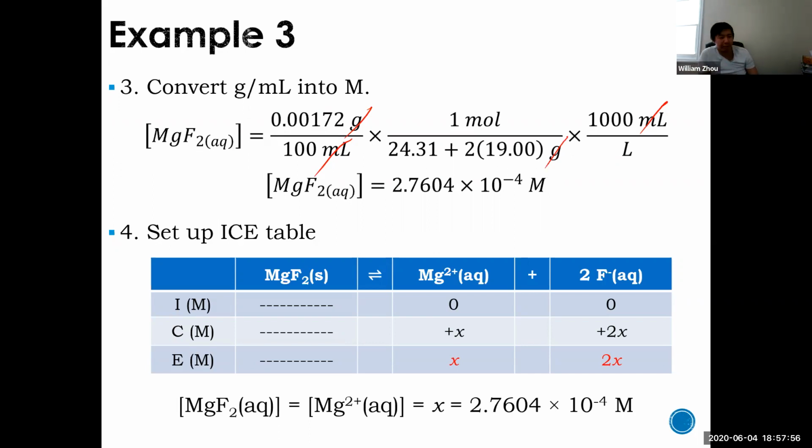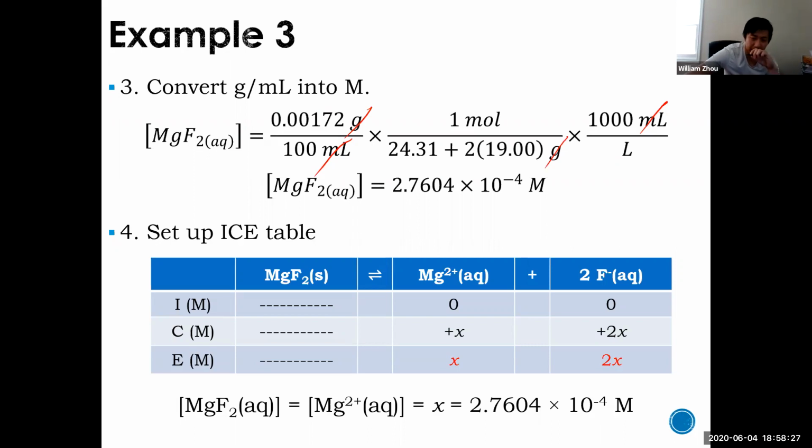Because MgF2 has the same mole ratio of 1:1 with Mg, that is also equal to x. Okay, you see the logic here? We solve for the concentration of MgF2, and that is equal to the concentration of Mg2+ because it's a 1:1 ratio. So that means that must be x. So x is equal to 2.76 times 10 to the negative 4 moles per liter.